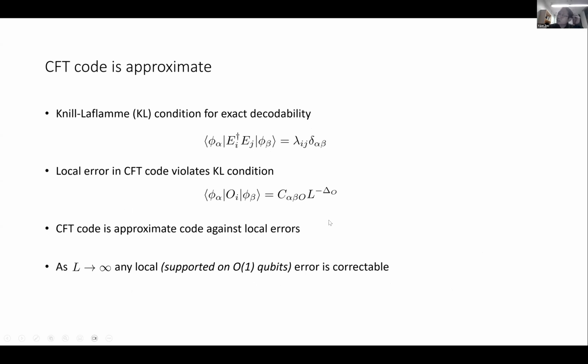What cannot be corrected is that you apply X everywhere with a finite probability. In fact, if you allow the probability to decrease with the system size, we can show that if you allow the probability to scale as system size to the minus 0.75, then the X error can still be corrected. You just cannot make P order 1. I see. Thank you.